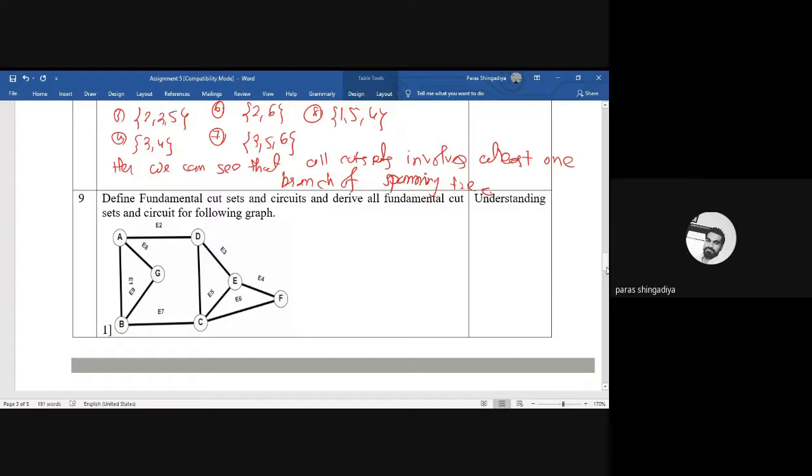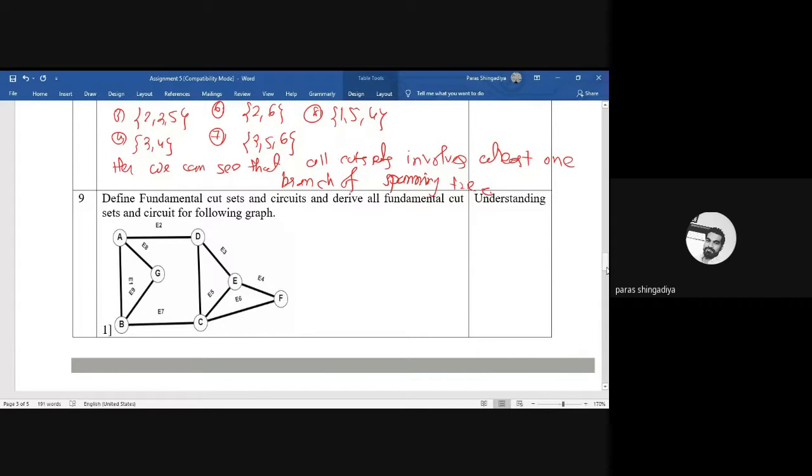So, what is the meaning of fundamental cut set? Can anyone explain? How we can define fundamental cut set? Okay.